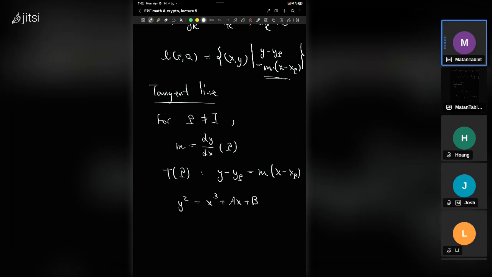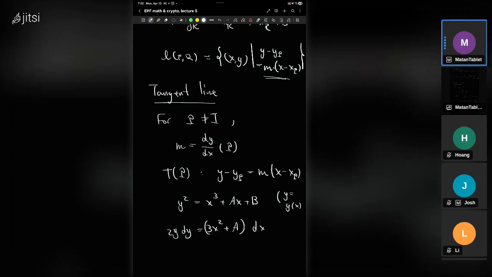I do a derivation, so I think of y as a function of x. It's not exactly the case because I have y squared, so it's like two functions. So I do what is called implicit differentiation, but I just do it formally as polynomials. So this is like 2y dy equals (3x squared plus a) dx.